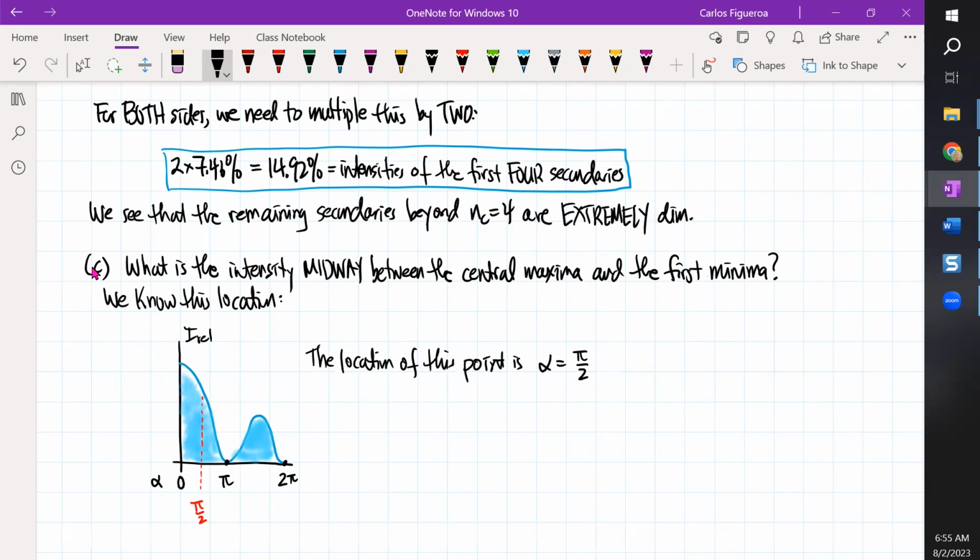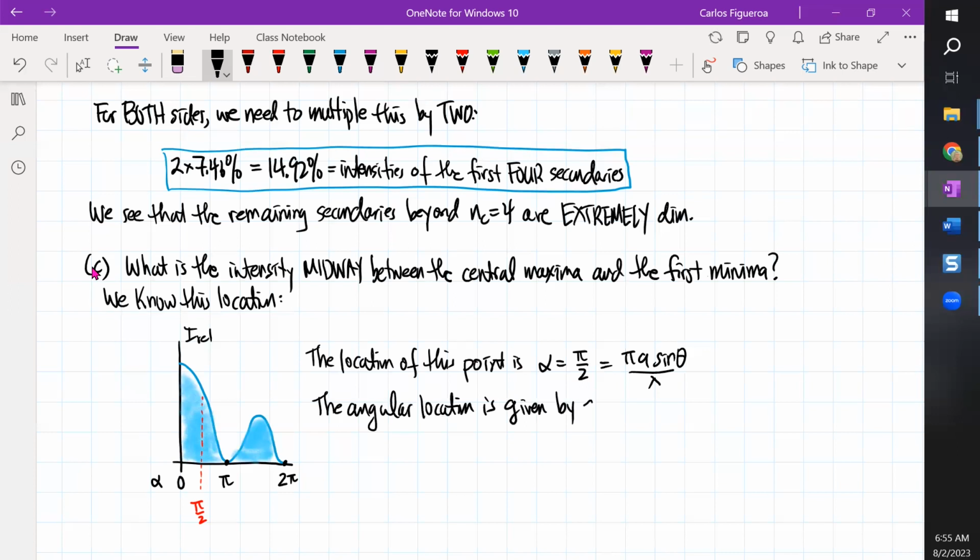Now you gotta be careful here because pi over 2 means that it's in radians. But I know that alpha has to be pi a sine of theta divided by lambda. So right away, I know that the angular location is given by this relationship.